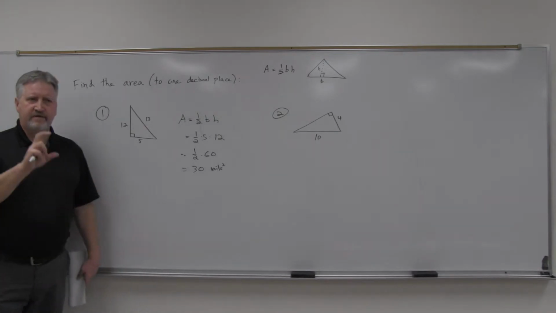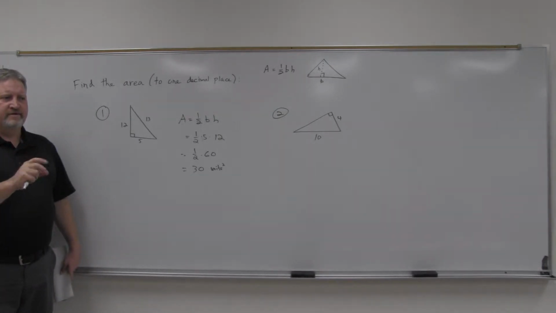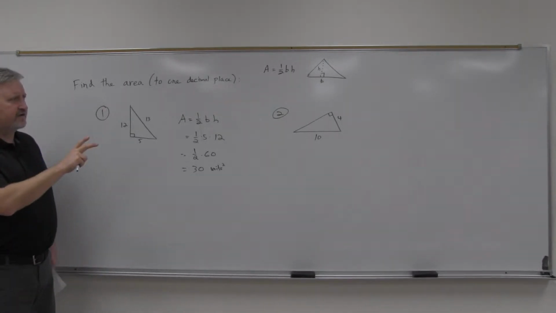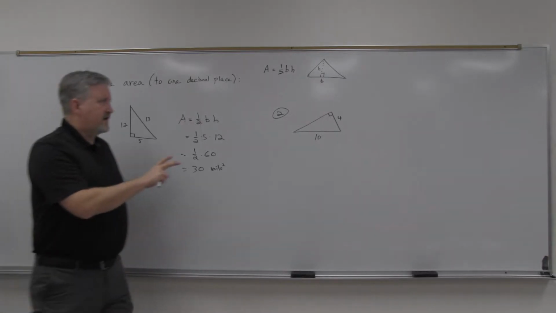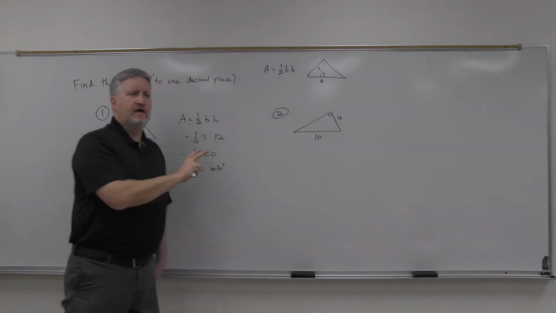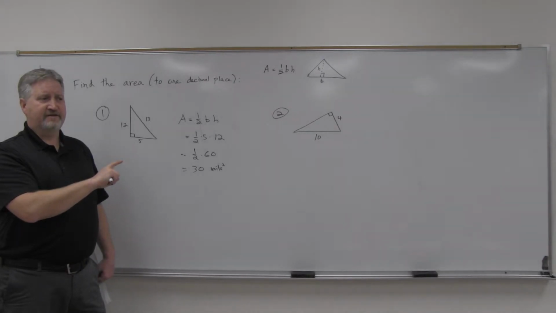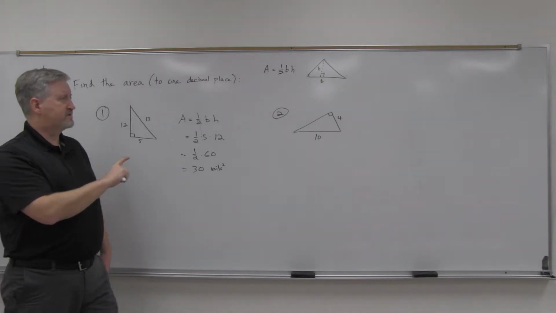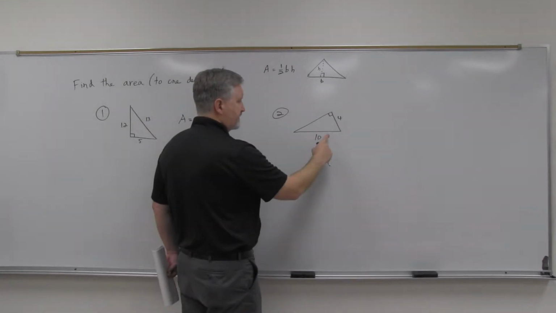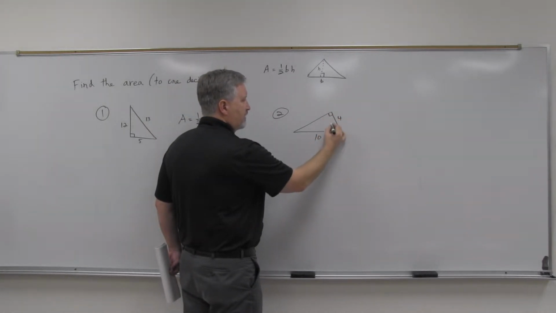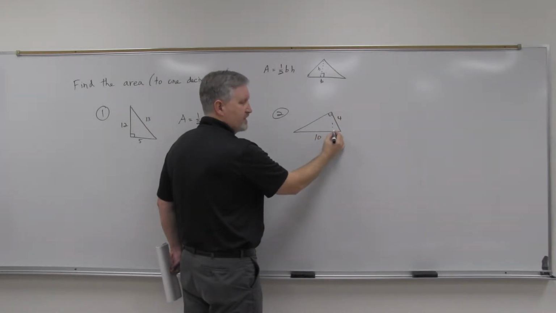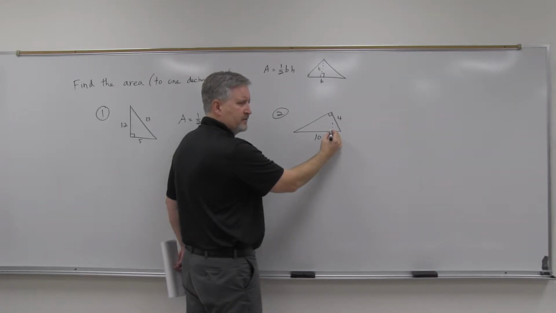They can be a little bit tricky, because to get the area of this one, I don't want to use the 10 here, since to use the 10, I would have to figure out what this distance is here, because that would be the height. You with me there? I don't know that particular measurement.